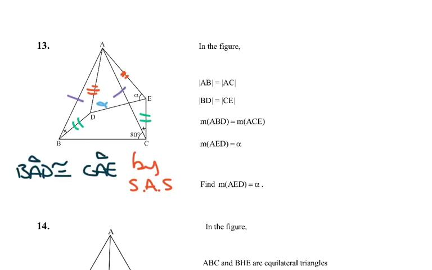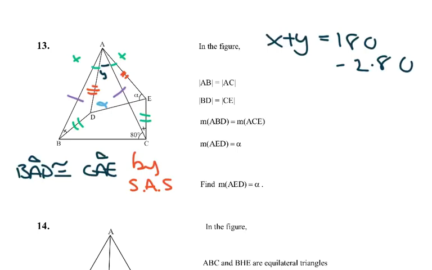We also know then that these two angles are congruent, so if you label each one of those X, and then let's label the remaining one in the middle here, let's call that Y. And then if we look at ABC, which is an isosceles triangle, we can see that X plus Y must be equal to 180 minus 2 times 80, which is 20.